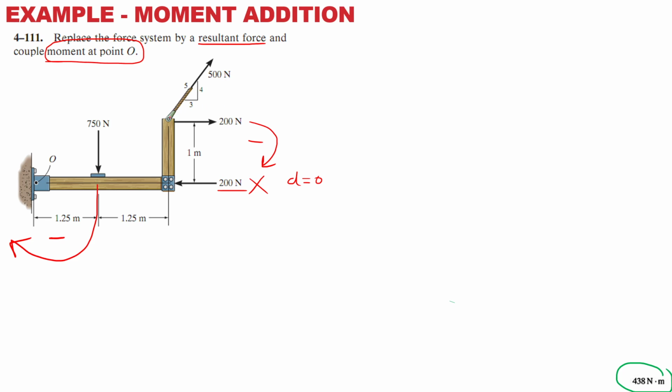Then the 500 is split into two components.